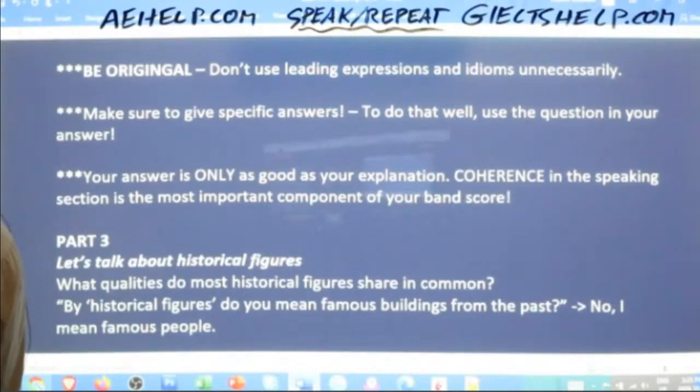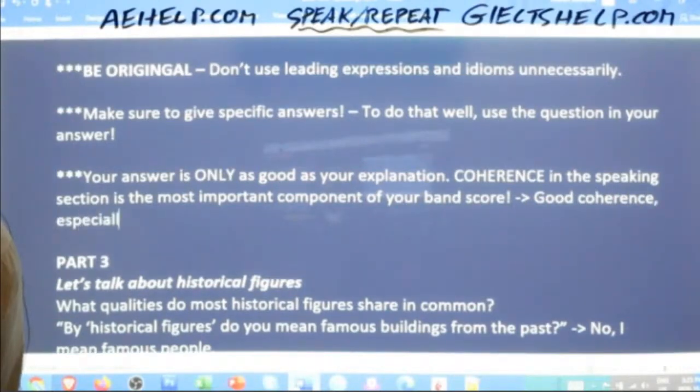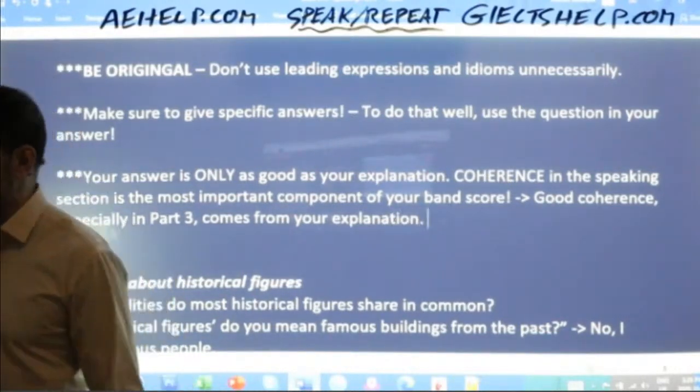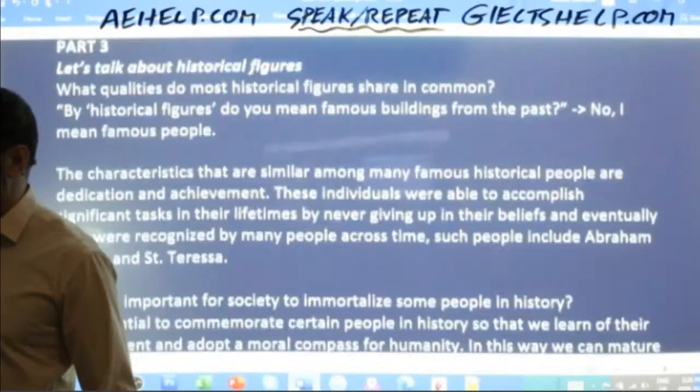Okay. Good coherence, especially in part 3, comes from your explanation and secondarily from your example. Okay, so you must strive to have a good explanation.